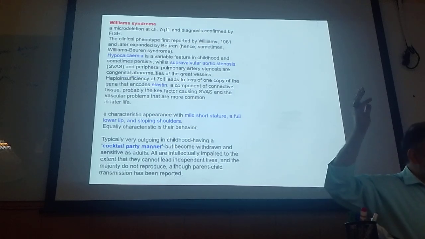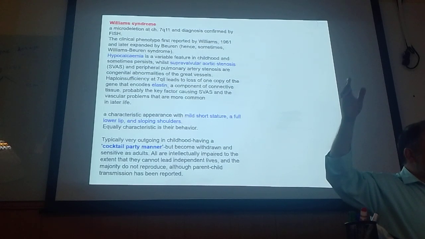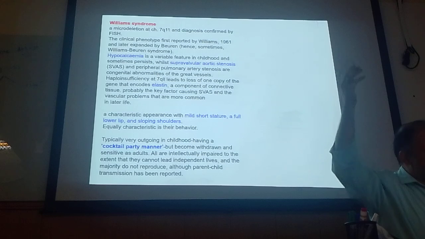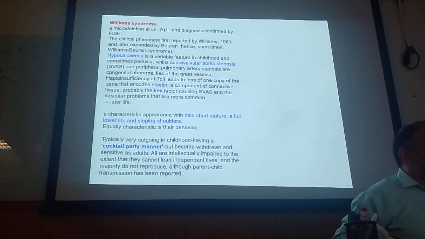There is some stenosis in the aortic valve. It is supra, because when we have deletion of 7q11, there is a gene named elastin. This gene is vanished in that specific baby, resulting in supravalvular aortic stenosis.